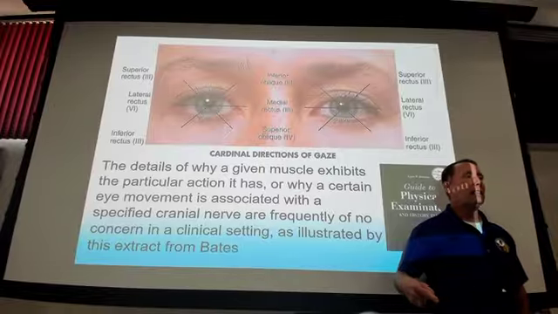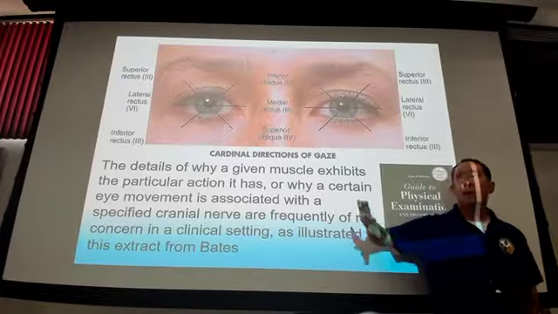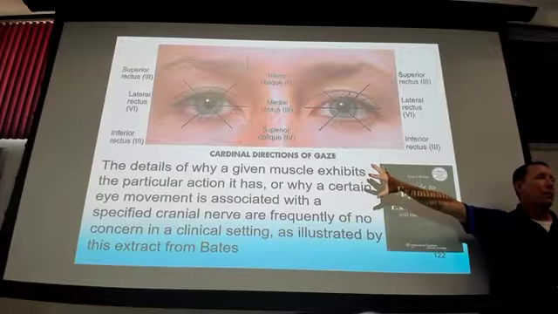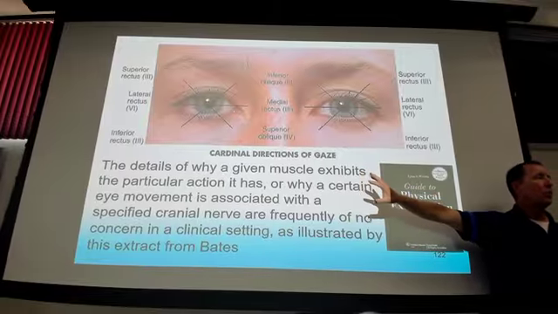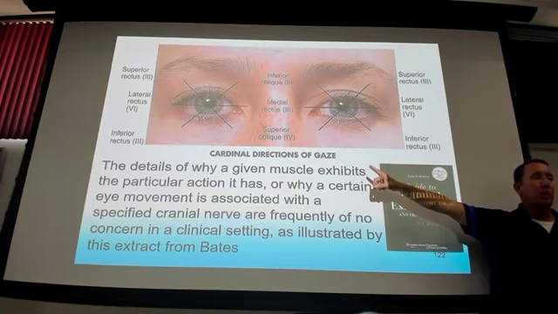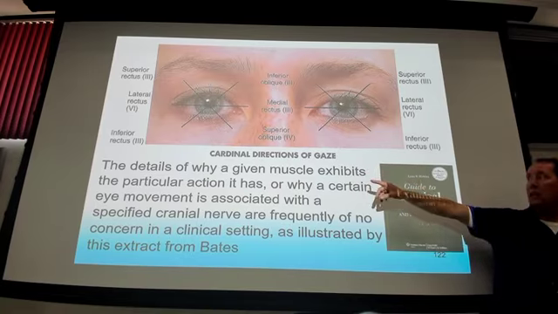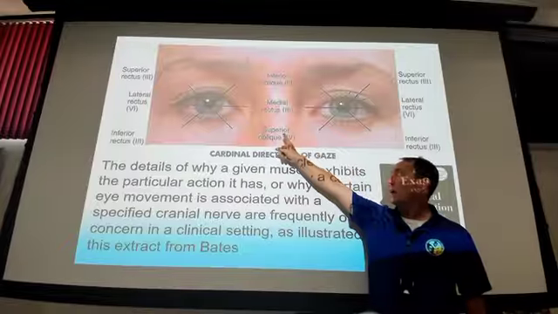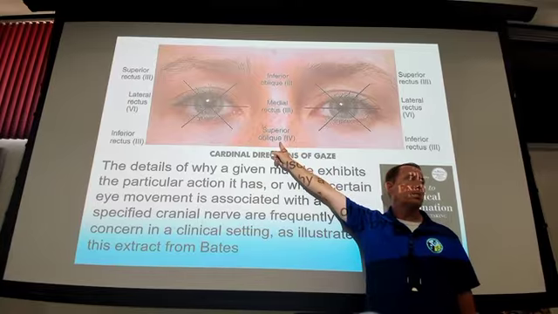Because we've isolated the muscles already, Bates is assuming that you already know that eye motions take more than one muscle. But during the exam, somebody studied it and said, well, we can isolate it. So now we know that the only muscle that's going to do that during the eye exam, if you do it right, is superior oblique.